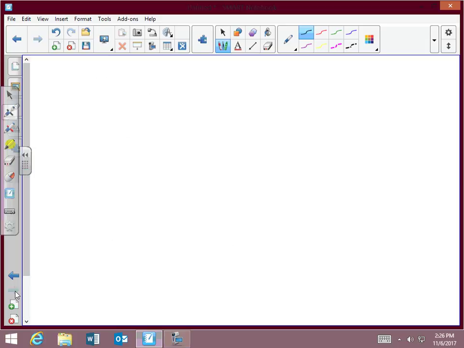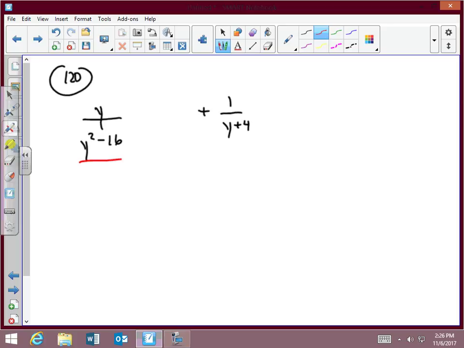Look at 120. Y over y squared minus 16 plus 1 over y plus 4. What about that first denominator? Is it prime factored? What is it, Alyssa?